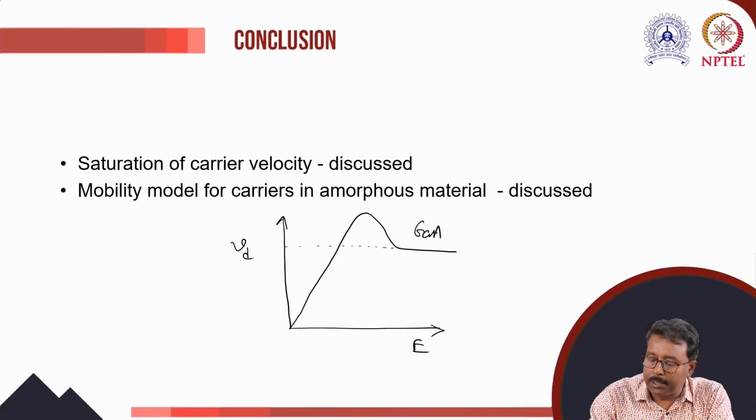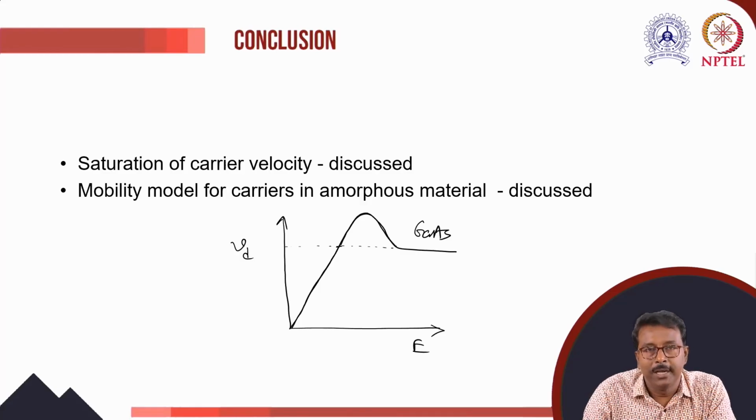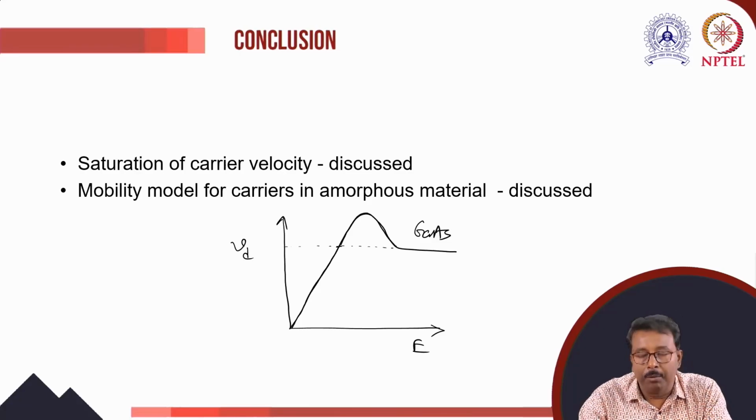This is for gallium arsenide. So this overshoot of the velocity is a special characteristic or mechanism here. For the model of gallium arsenide, we have to consider the linear region, then some decrement region, and then some saturation. So with a combination of three portions and three different equations, the model for mobility of gallium arsenide can be derived.